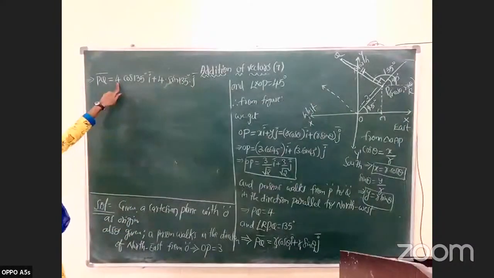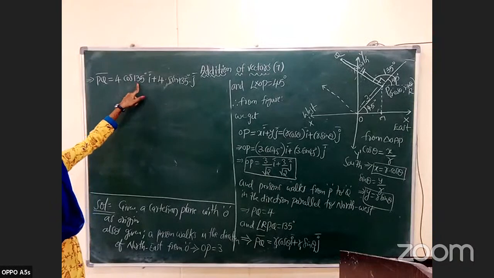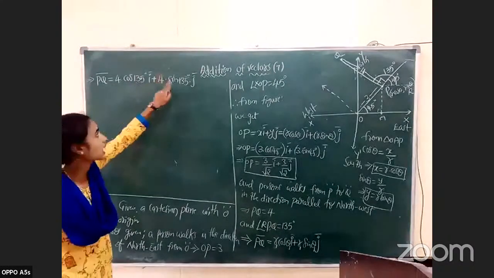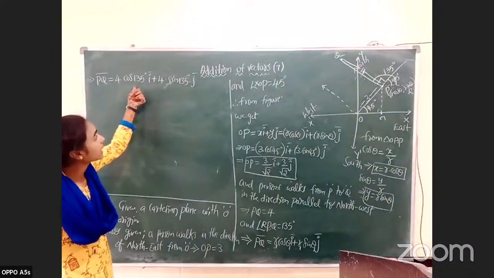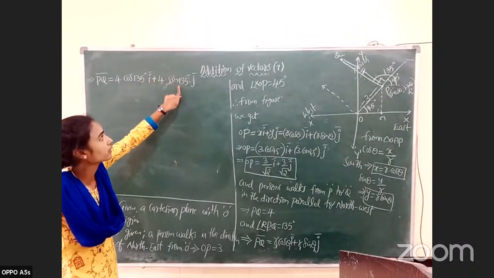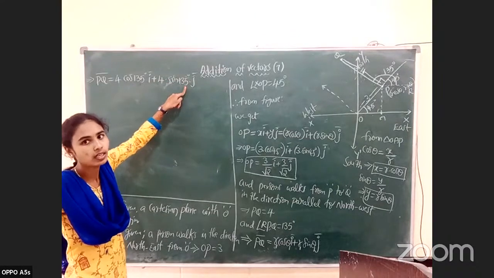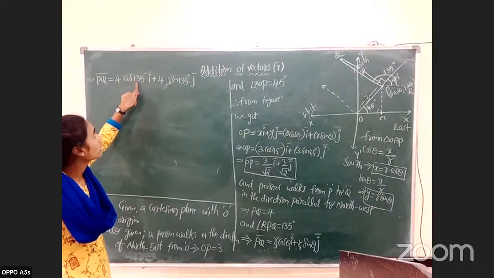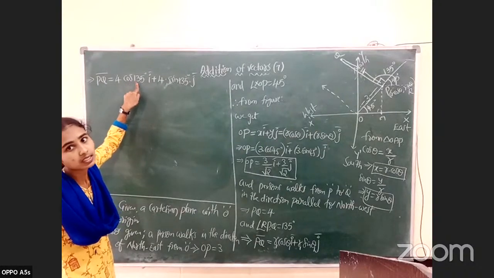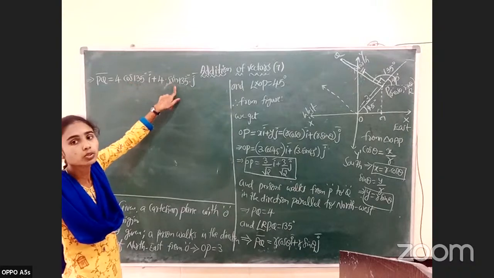R1 is 4, theta 1 is 135. And 135 is in the second quadrant, and in the second quadrant sin is positive and cos is negative. So that's why we get the value of sin 135: 135 means 180 minus 45, in the second quadrant, so the value is sin 45. And here cos of 180 minus 45 means minus cos 45. So that's why here we get minus and here we get positive.